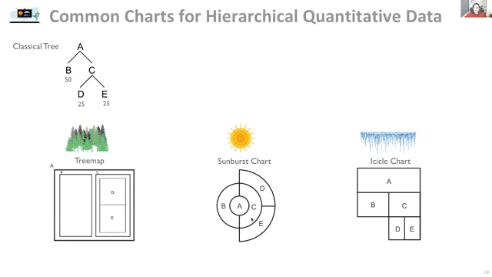B and C are A's children. They have equal quantitative values and hence same angles, and they reside on the first ring. And C has 2 children, namely D and E, and they reside on the second ring.